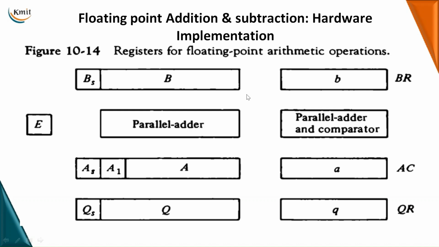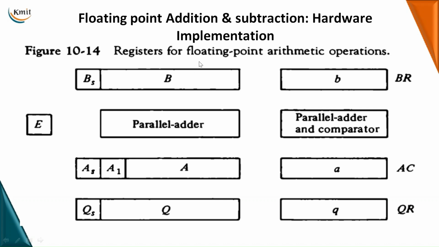The difference between floating point and fixed point arithmetic is that in the hardware implementation for floating point numbers, we also need to deal with the exponent part of the data. So along with the AC, BR and QR registers, we also have three more registers called small a, small b and small q in lowercase.